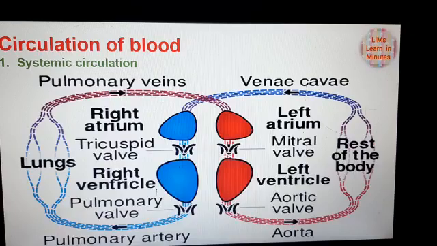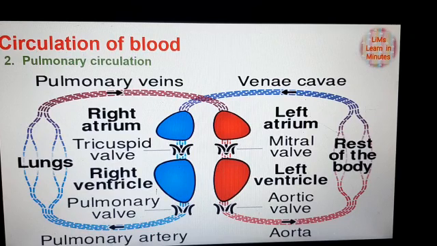Capillaries have very thin walls, and through them exchange of nutrition and gases takes place. The capillaries then join to form venules and veins, which ultimately bring the blood to the heart through the superior and inferior vena cava. This is about systemic circulation.